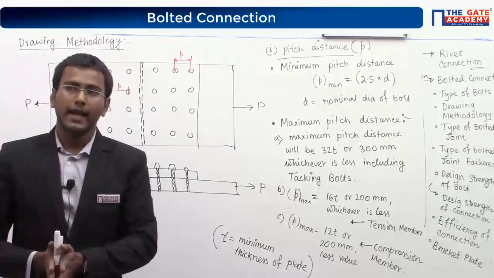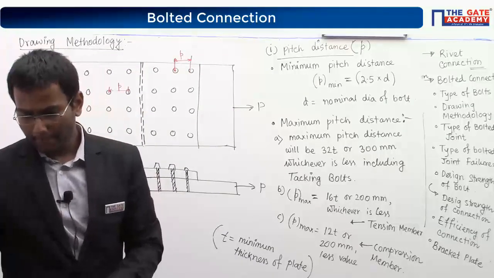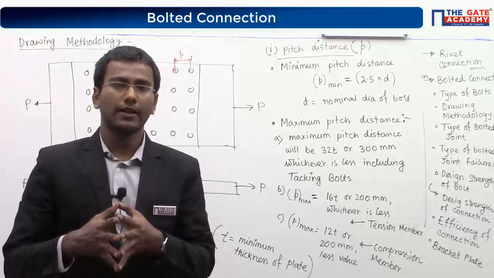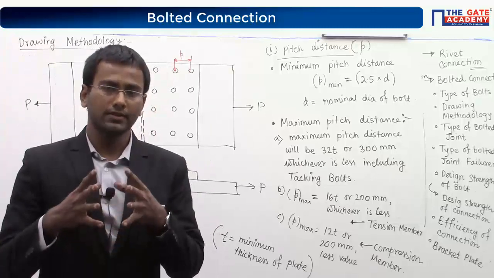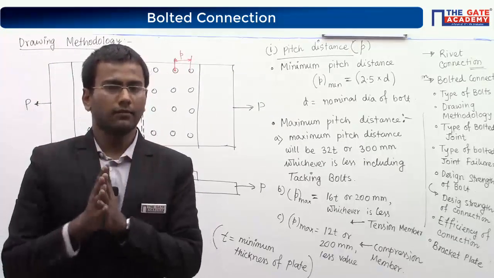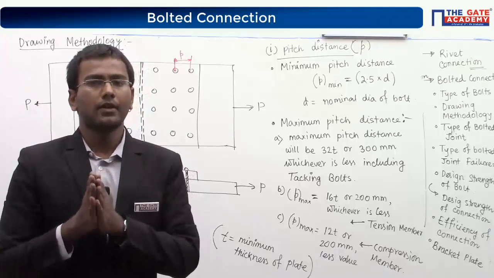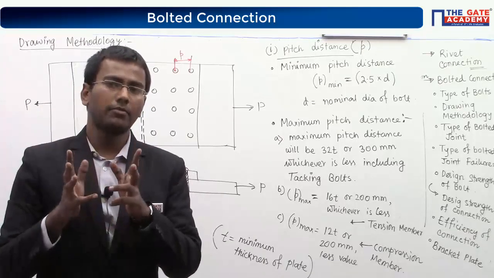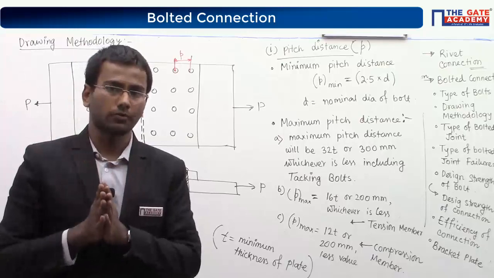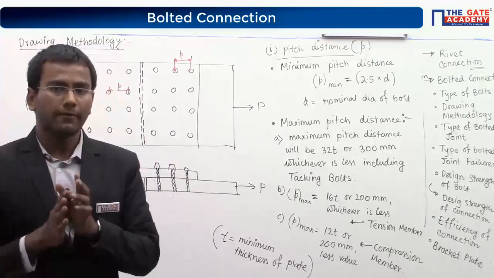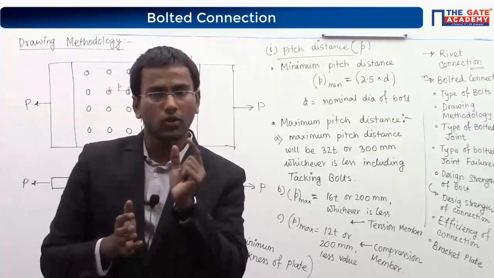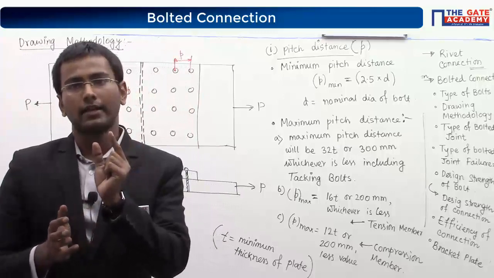Okay, see, tacking bolt is actually, let me consider some example. You have seen some railway bridge construction and some riveted joints also. If you see the riveted joints, those riveted joints actually carry some force.